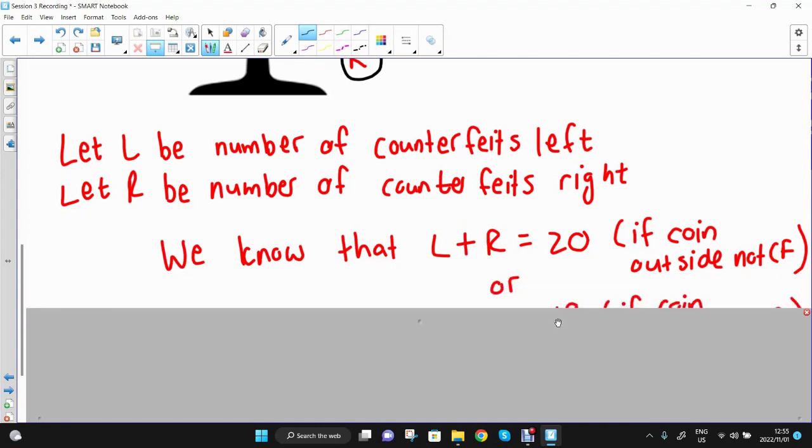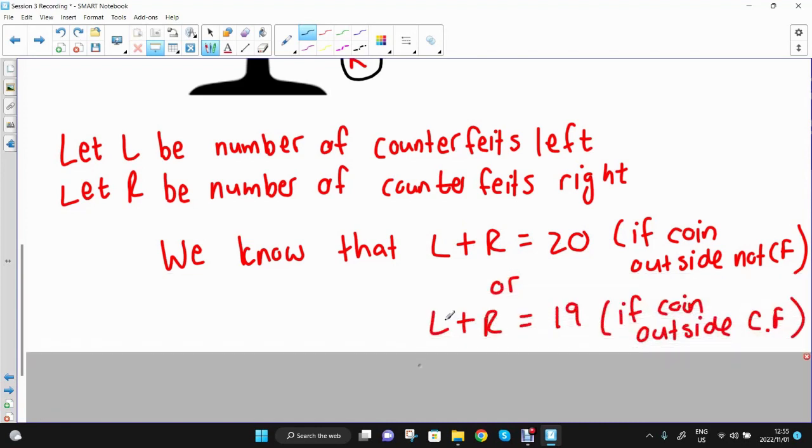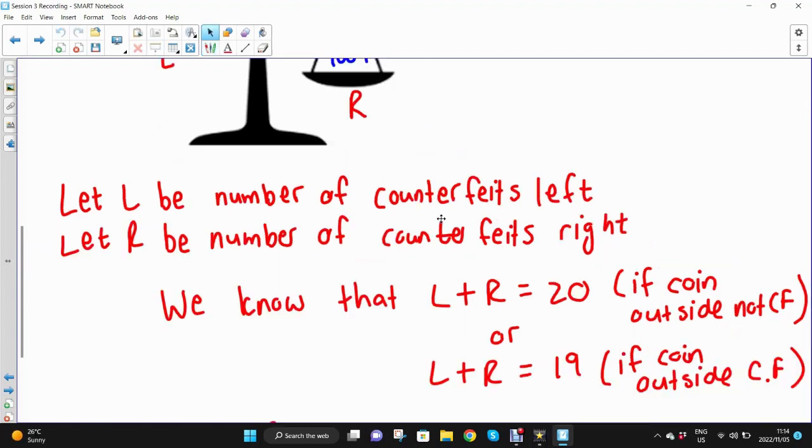The other scenario is if I add the amount of counterfeits on the left with the amount on the right, and I get 19, then the coin outside is definitely going to be the counterfeit coin, because I have to have 20.